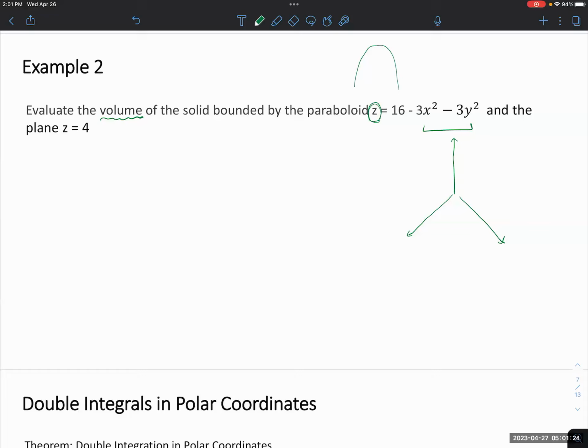So the paraboloid is something like this, opening in z, right? This is z equal to 16 minus 3x squared minus 3y squared. We good? And then they say z equal to 4. So we have a plane passing through z equal to 4, something passing like this.